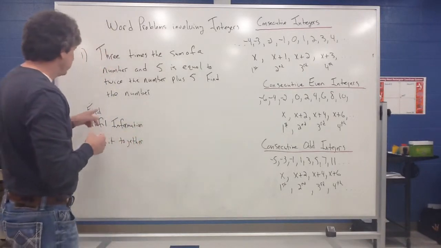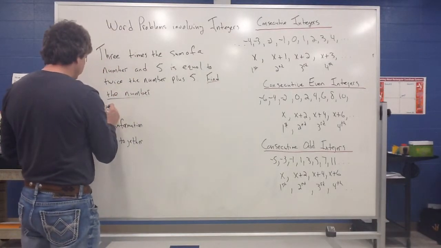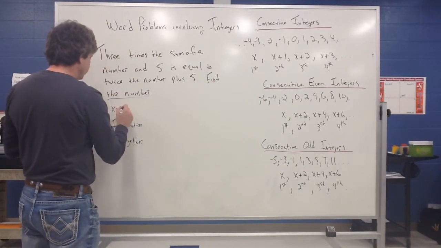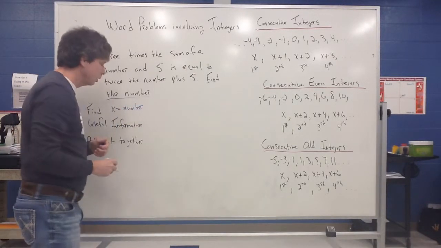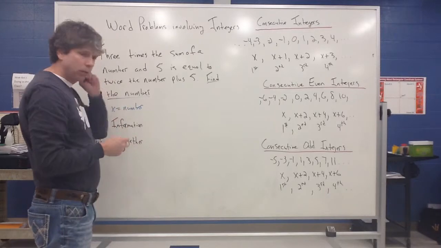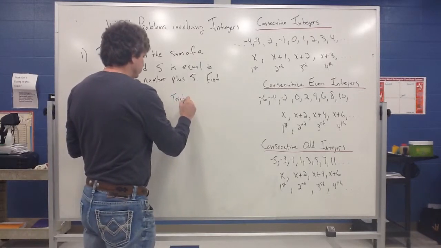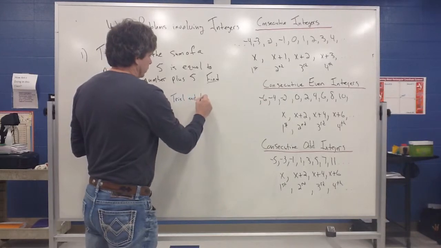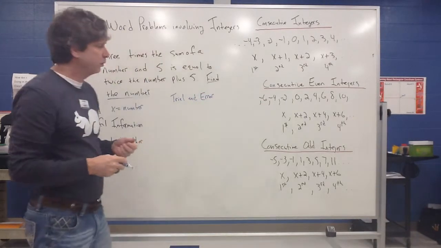So what we have to find is this number. So we know that x is going to represent this number. So in doing so, what I'm going to do is just trial and error to start with. And I want to just pick a number that is kind of useful to me.